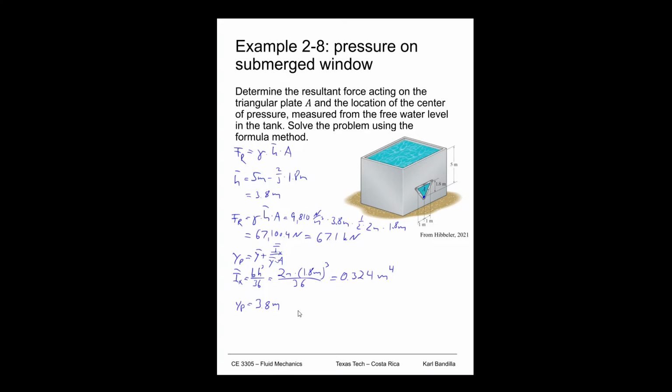Now let's write the equation first: y bar plus I_x bar over y bar times A. Plug those numbers in: 3.8 meters plus 0.324 meters to the 4th power divided by 3.8 meters, or y bar, and then times our area, which is just 1/2 times the base, 2 meters, times the height, 1.8 meters.